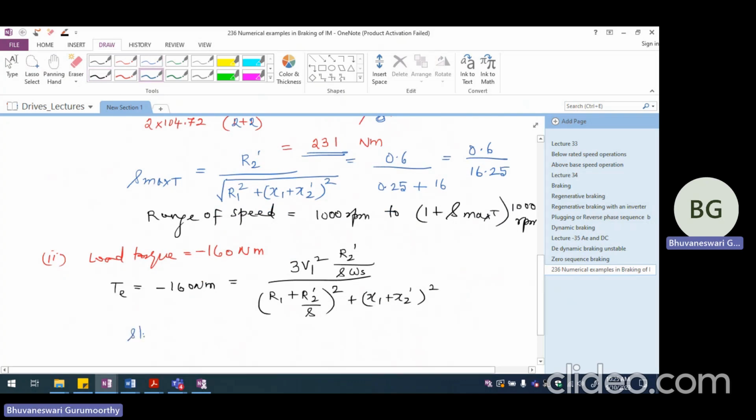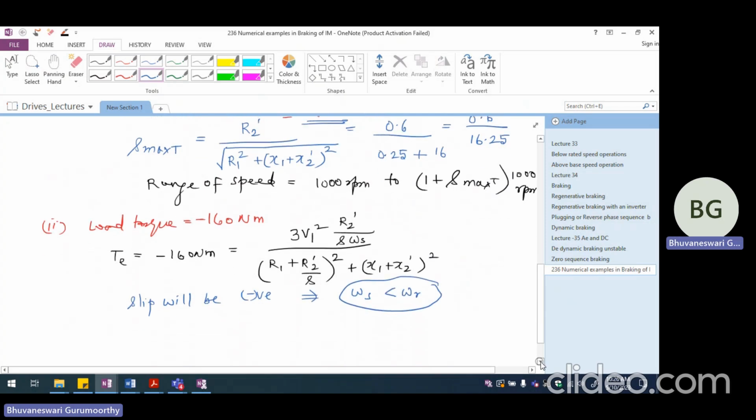In regenerative braking operation, we are going to have omega S less than omega R. So the slip is going to be negative.